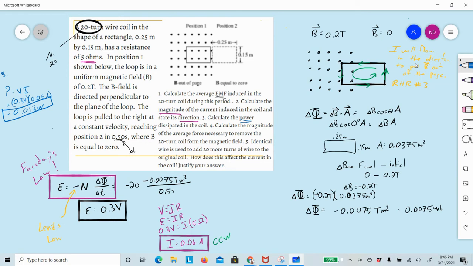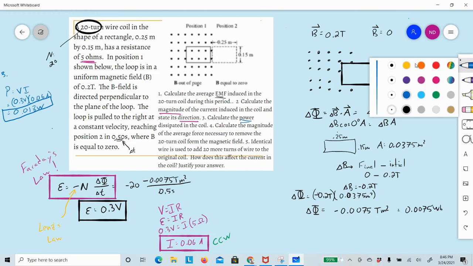Okay. Calculate the magnitude of the average force. This one's tough. This is an interesting question. To figure that out, I'm going to erase some of this picture here. Now, let's go back to where we started.